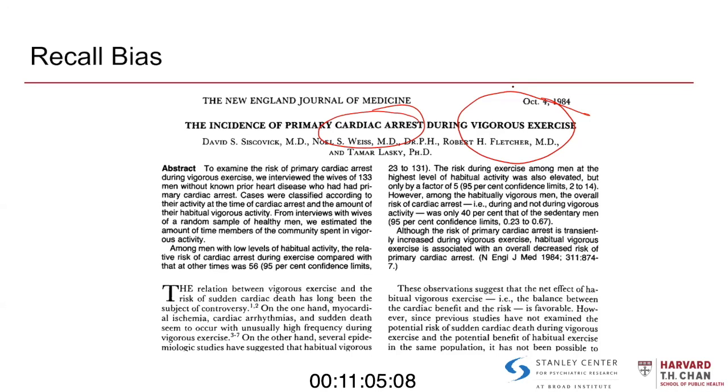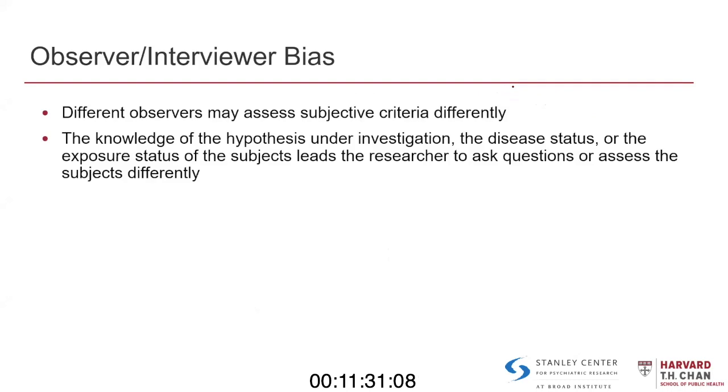They were willing to accept the likelihood of greater exposure misclassification arising from the use of interviews with the spouses of controls as well as cases, instead of having a higher degree of case control difference in data from both groups. So this is a classic example that we use in epidemiology to talk about recall bias.